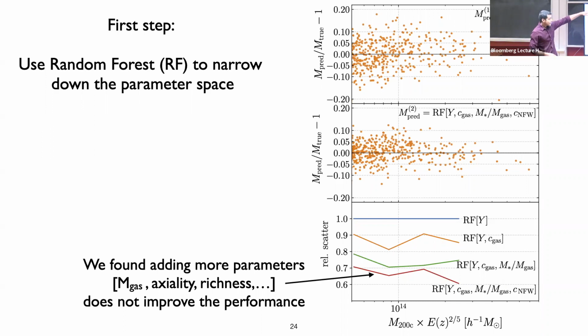I've shown some results on the right. In the top you have the traditional way of estimating the cluster masses. In the second panel, you can see the predictions from the random forest algorithm. What we see is that if you add things on top of the parameter Y, for example concentration of gas, or stellar to gas mass, or the NFW concentration, you actually do reduce the scatter.